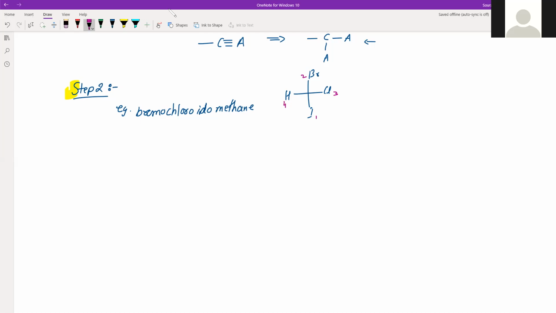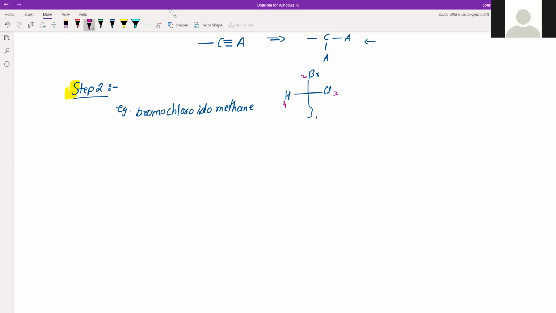The circle on which we keep our hand is in front, and the steering rod is away from us. That portion which is away from us will have hydrogen, the least priority element or group.